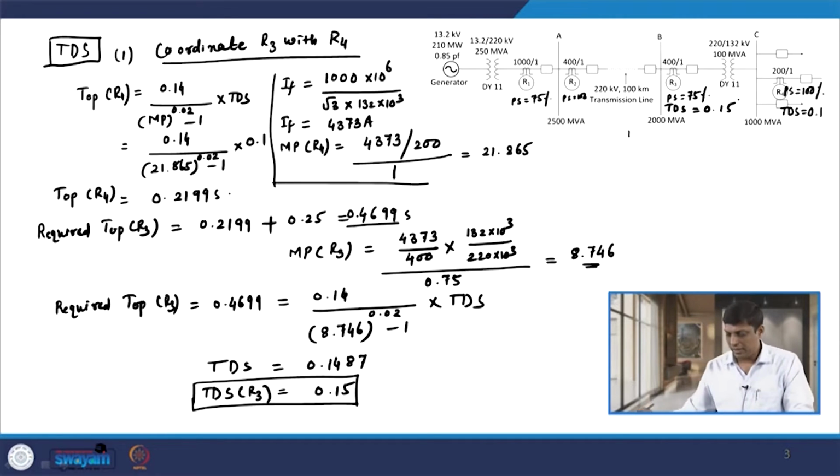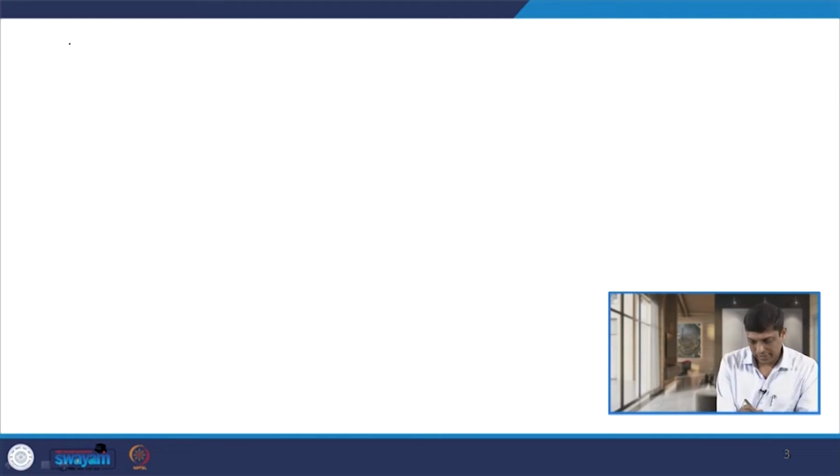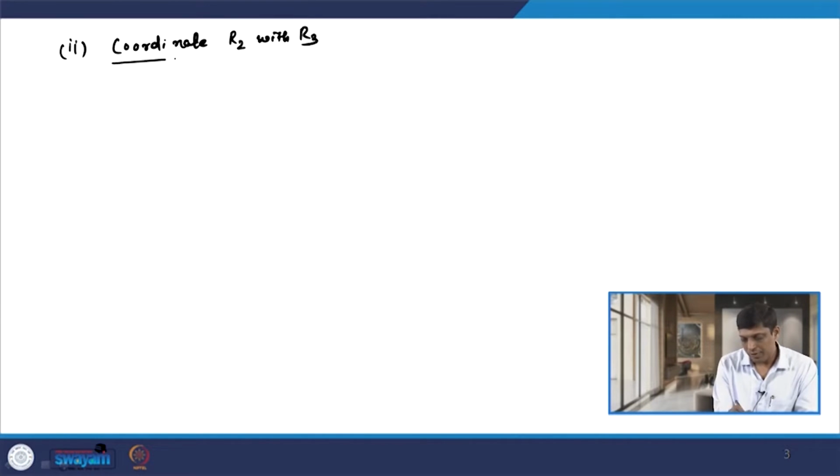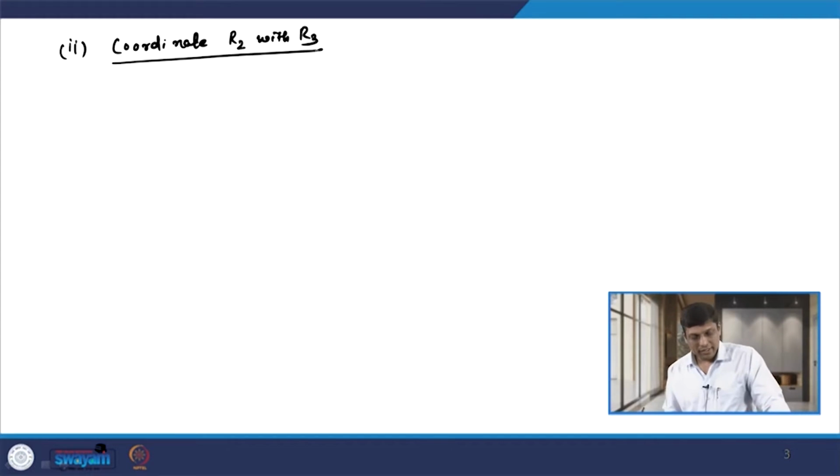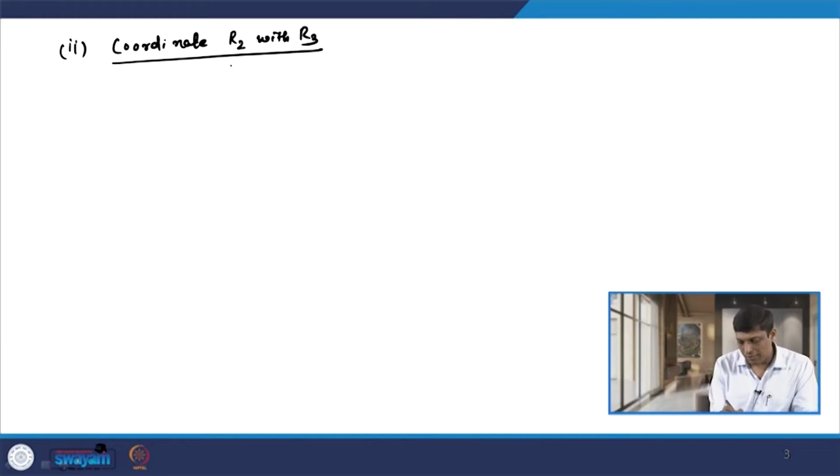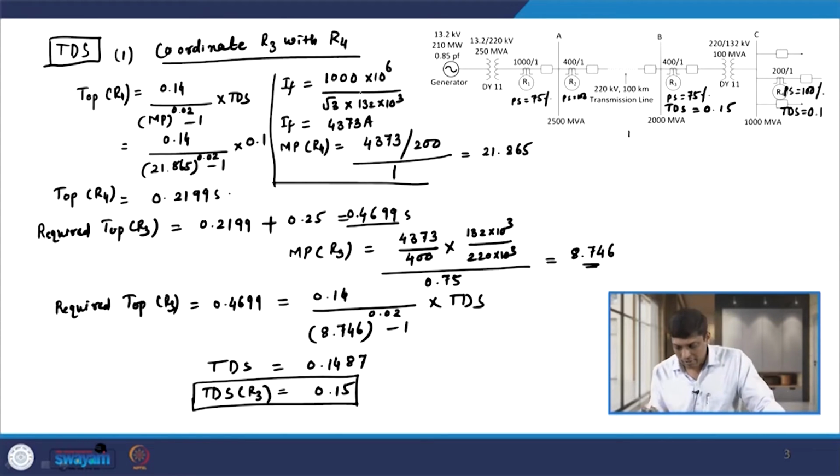Let us coordinate, as the second case, relay R2 with relay R3. To coordinate this, let us consider the 2000 MVA, that is the fault level at bus B. Let us calculate the fault current: 2000 MVA divided by root 3 and the voltage level.